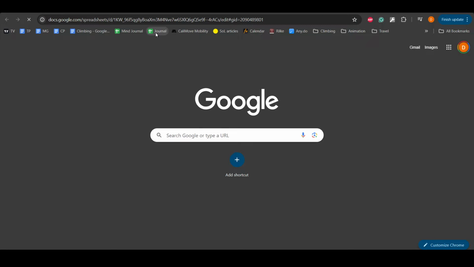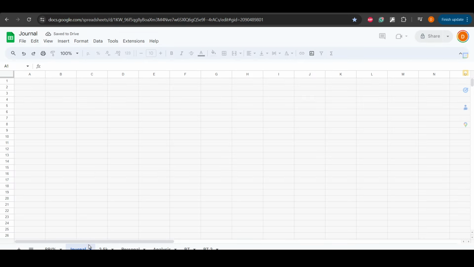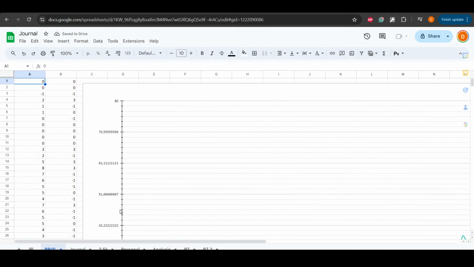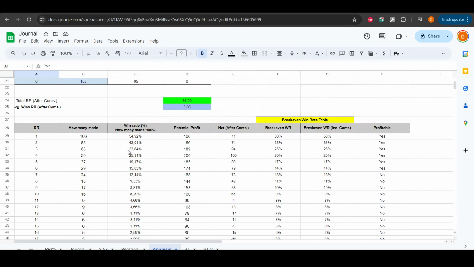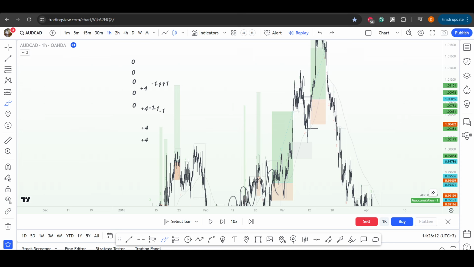Even in the live journal, when I open it, I know that my statistics are like this, you see. So yes, more trades go to 3R, like 32% go to 3R, but 25% go to 4R, and overall over the long distance it gives more profit. So that's why I'm doing it.